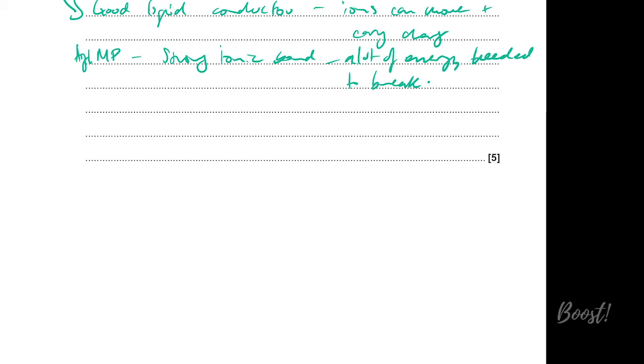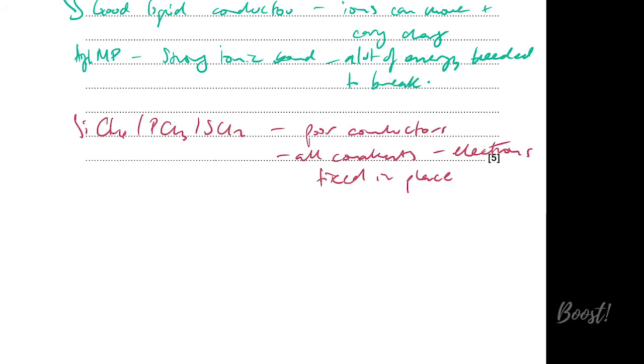Then for the melting point, high melting point, because strong ionic bonds take a lot of energy. A lot of energy is needed to break the bonds. Okay, and then we just do the same thing for the non-metal chlorides.